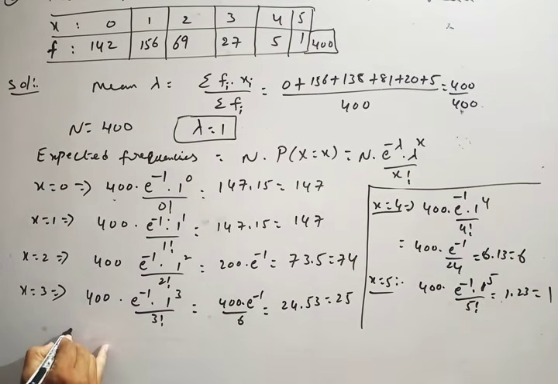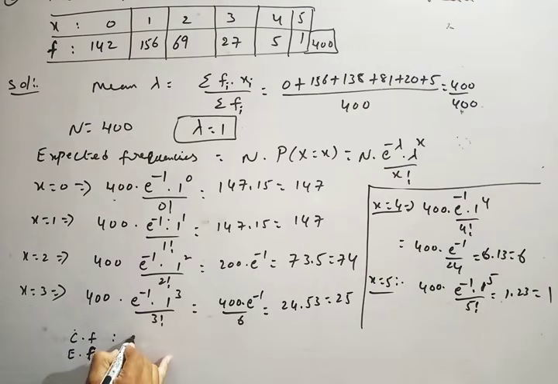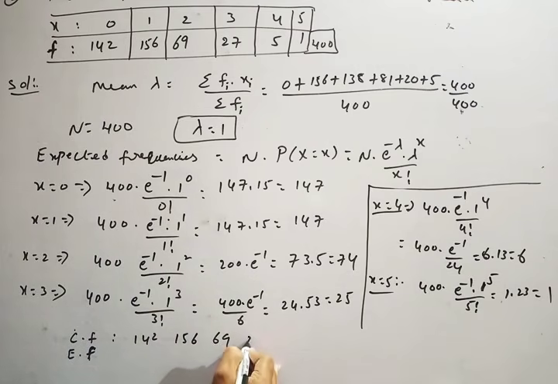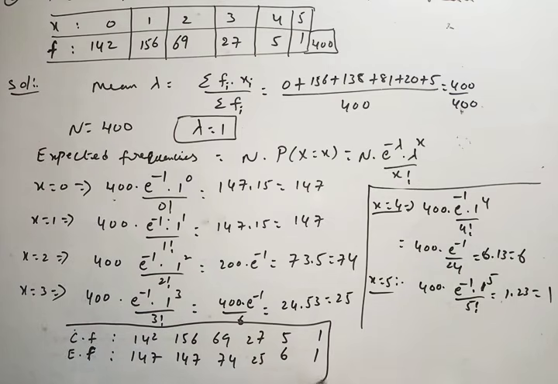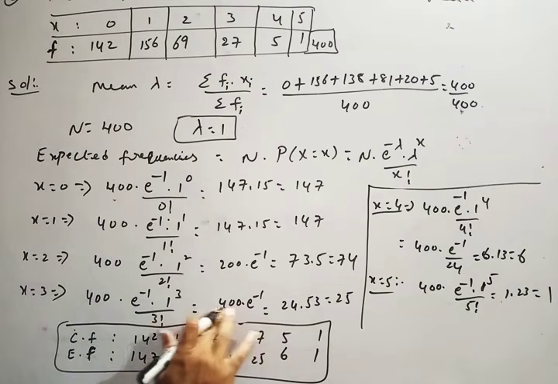So at the end you have to write the calculated frequencies and expected frequencies. Given are 142, 156, 69, 27, 5 and 1. What we calculated are 147, 147, 74, 25, 6 and 1. These are the values which we expected, and these are the values given in the problem.